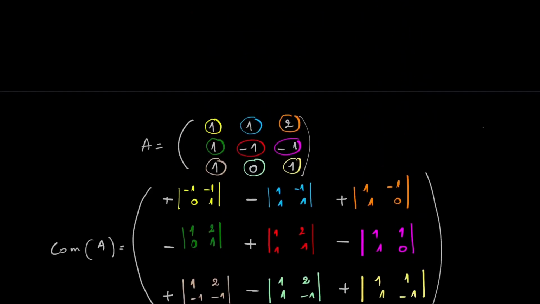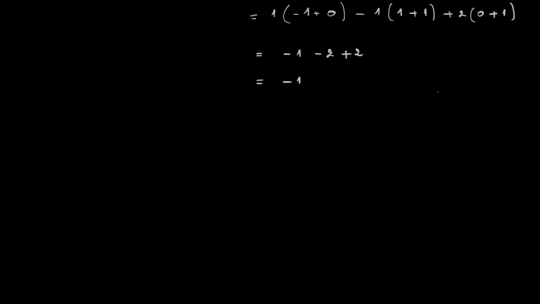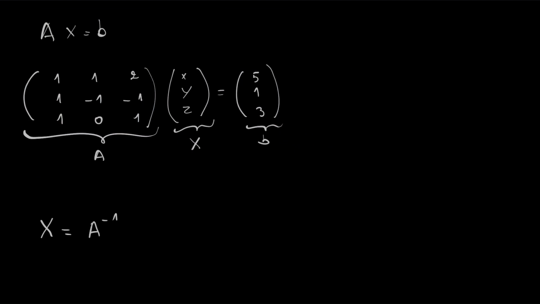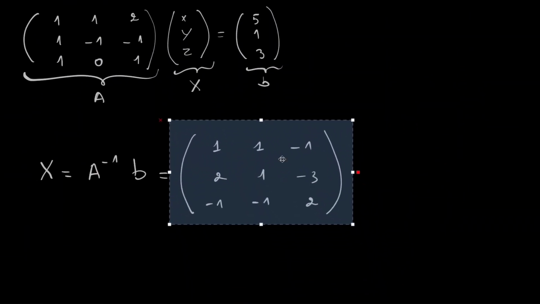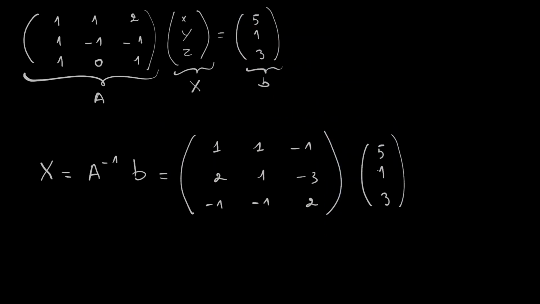Now to solve the system, we have to multiply our inverse matrix by the vector B. X equals the inverse matrix multiplied by B, so I take the inverse matrix first, then I multiply it by our vector B. We have to do the arithmetic: 5 plus 1 minus 3, 10 plus 1 minus 9, and minus 5, minus 1, and 6.